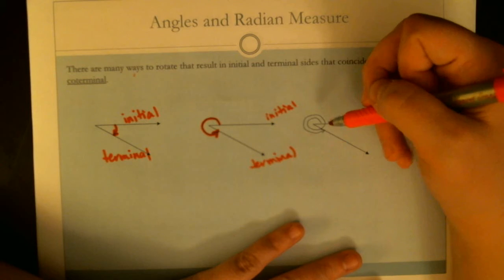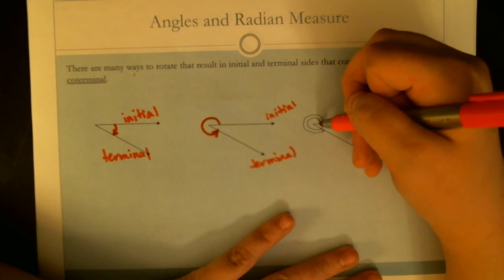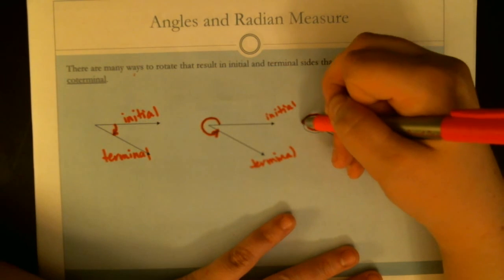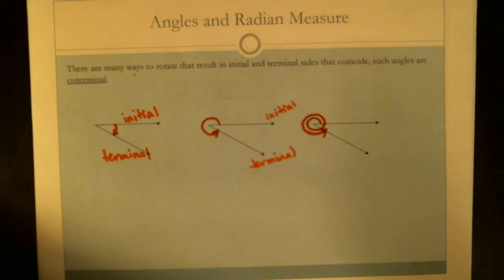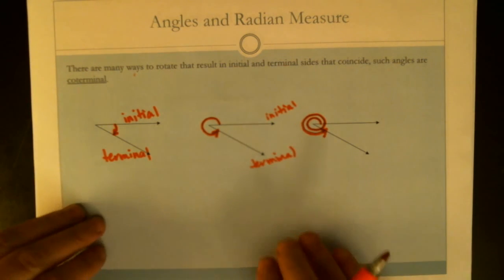I could even go round and round and round a little bit either direction. So in this one, I started and I went one full time around, and then far enough to get back to that same terminal side. So these 3 angles are definitely not the same angle. I had to use an entirely different path to get there, or at least partially different path, but they are coterminal. They have the exact same initial and terminal sides. So the rotation is different, but the initial and terminal sides are the same.